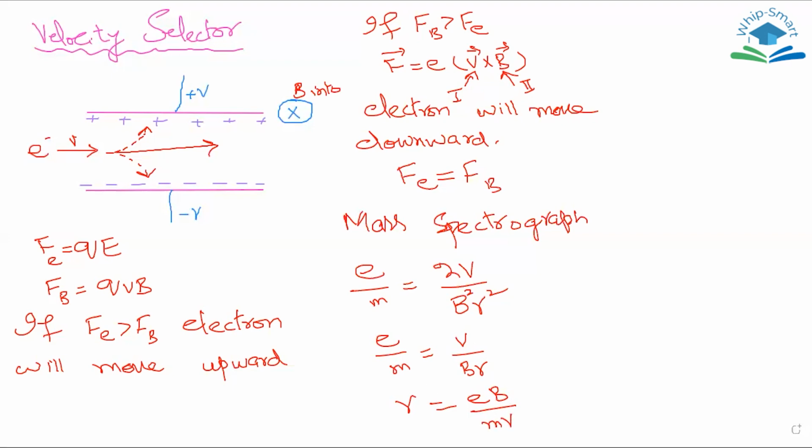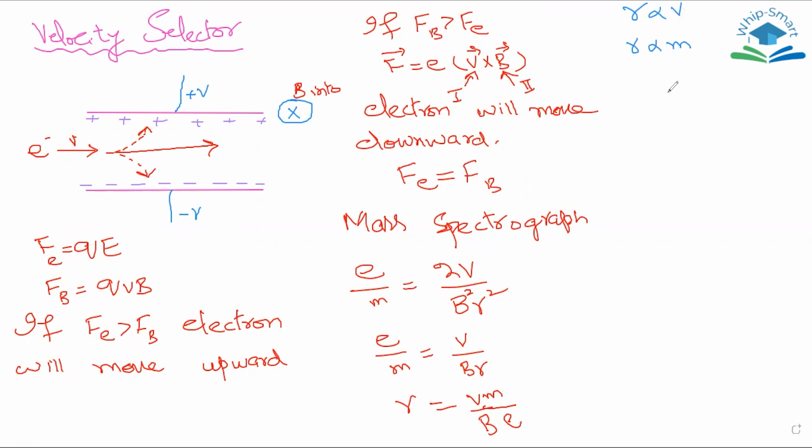So basically this is all for the velocity selector. q by m equals v by Br, and by rearranging this equation, r will be equal to mv by qB. So we can see that r is proportional to velocity. The greater the velocity of the electron, the larger the circle it will move in, and r is also proportional to the mass.